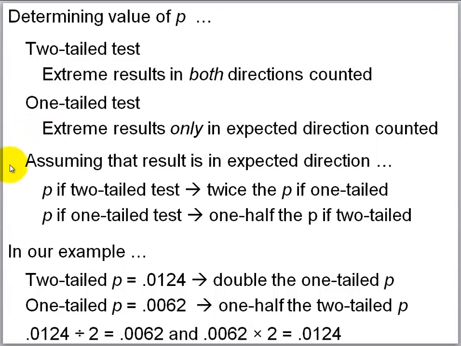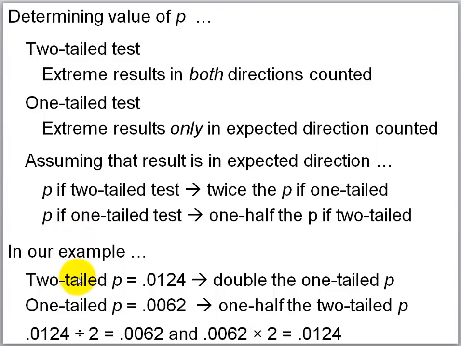Now, assuming that the result is indeed in the expected direction, if you calculate p from the perspective of a two-tailed test, that p will be double the p of a one-tailed test. Or looked at from the other side, the p-value for the one-tailed test will be 1/2 of the p for the two-tailed test.